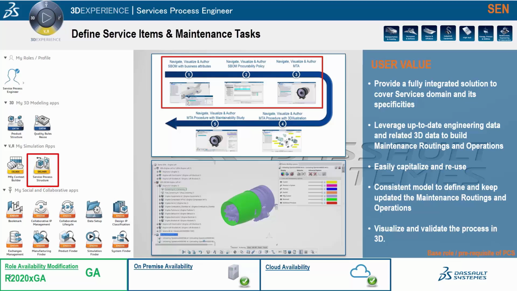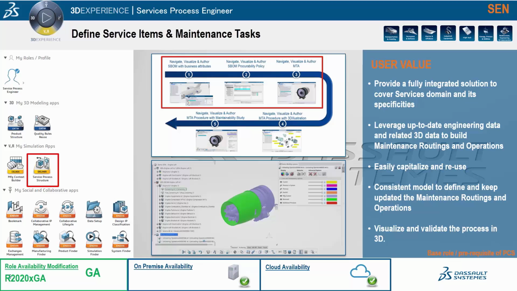Second highlight related to roles updates is about the services process engineer role called SEN, which is a native application role to define service items and maintenance tasks.